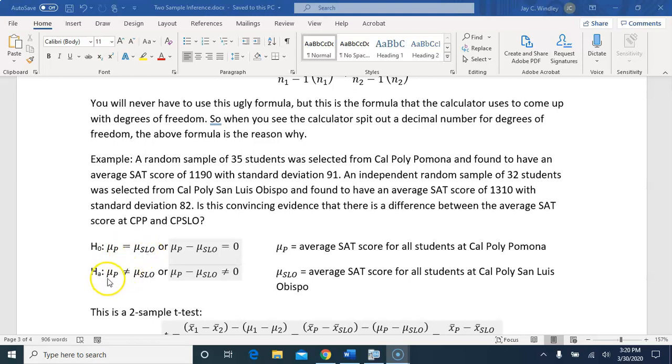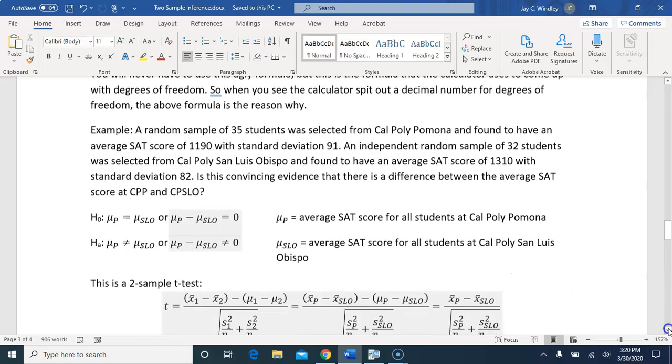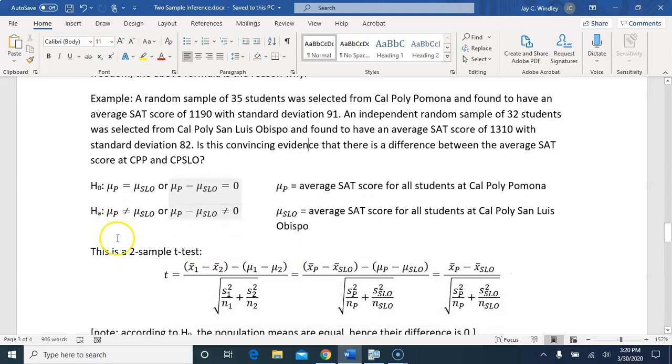The alternative hypothesis is that those two population means are not equal. Notice that if the population means are equal, then that means their difference is 0. And if the population means are not equal, then that means their difference is not 0. And over here I've defined what those two mu's stand for.